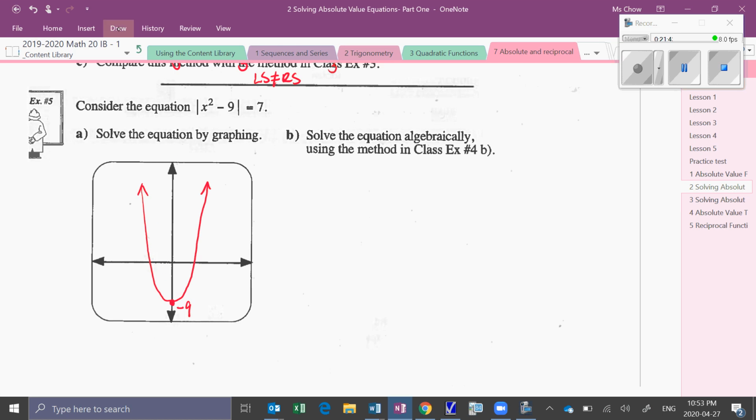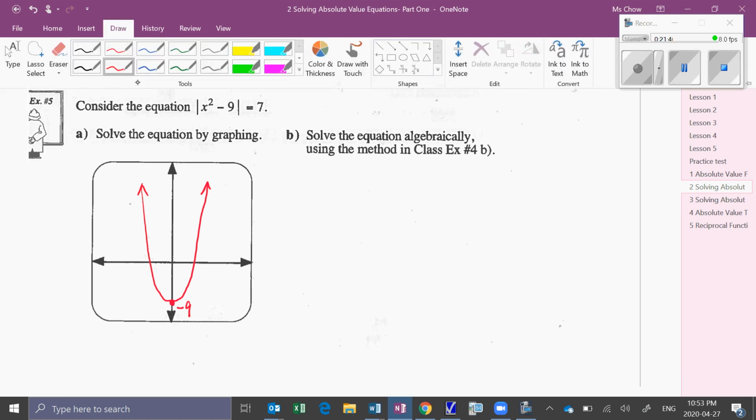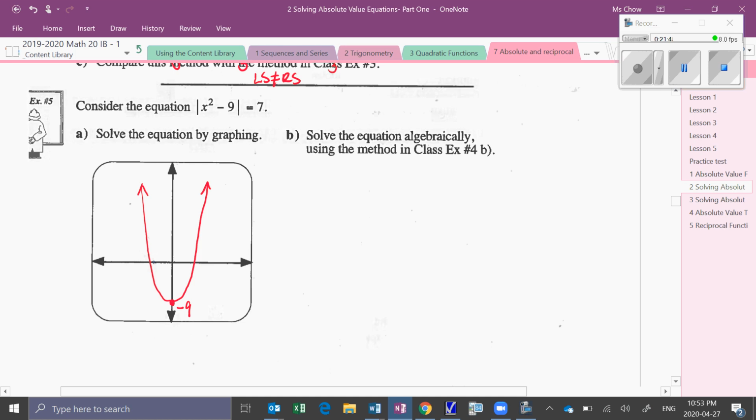However, since instead it is the absolute value, then what happens is everything that is below our x-axis is going to reflect into quadrants 1 and 2, and so in fact the graph of the absolute value of x squared minus 9 then takes on that kind of funny W shape again. And so this is y equals absolute value of x squared minus 9.